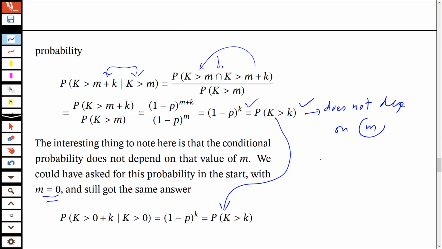Setting m to 0 means that previously I considered the observation that nothing happened till the mth trial.